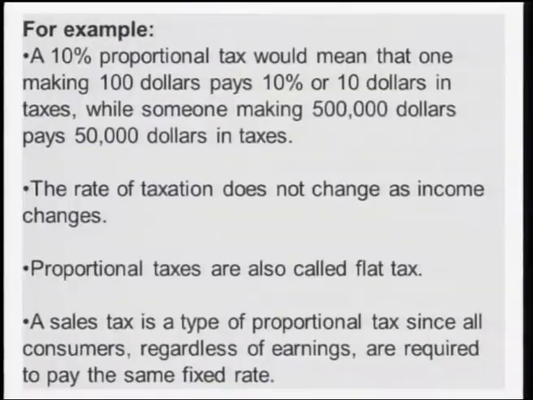For example, a 10% proportional tax would mean that when making $100, you pay 10% or $10 in taxes, while someone making $500,000 pays $50,000 in taxes. The rate of taxation does not change as income changes, as you see. The proportional tax is also called the flat tax.